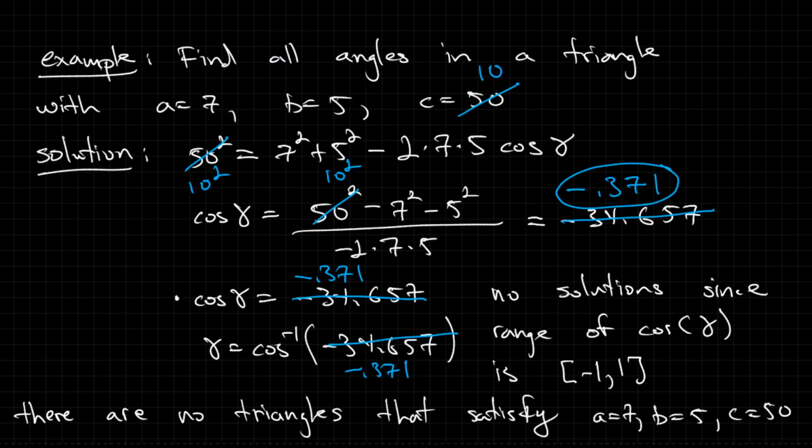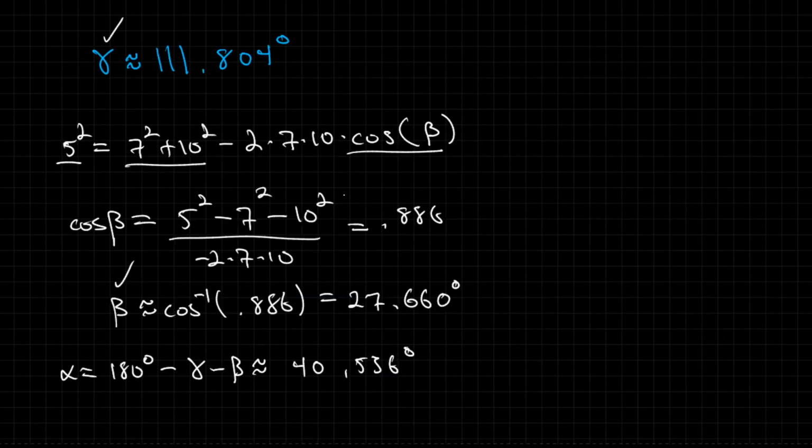So use the law of cosines twice, and then after we use the law of cosines twice, we can use the fact that all the angles add up to 180 to get the last angle.